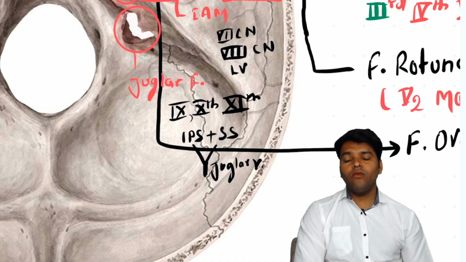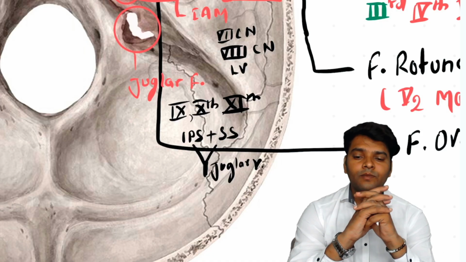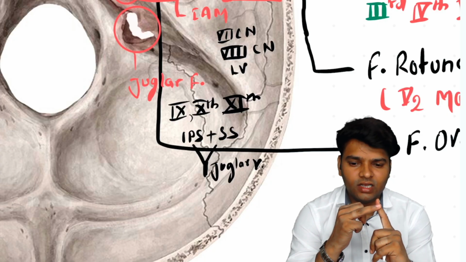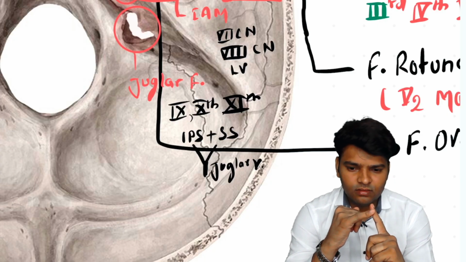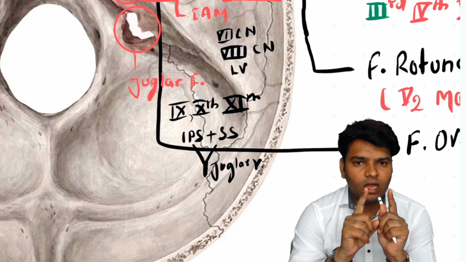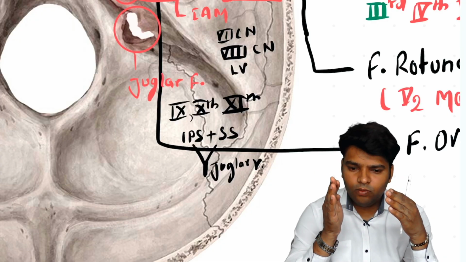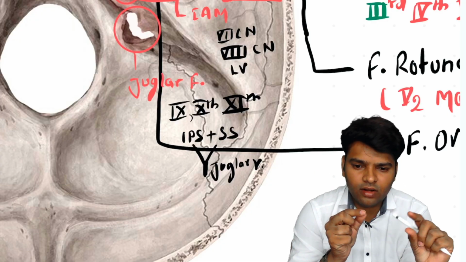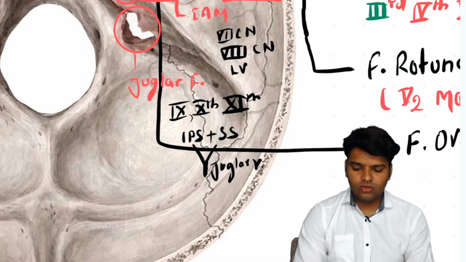So the structures passing through the jugular foramen are the 9th, 10th and 11th cranial nerves, and two sinuses, the inferior petrosal sinus and sigmoid sinus, which join together and form the jugular vein.